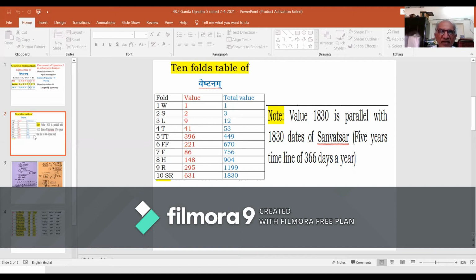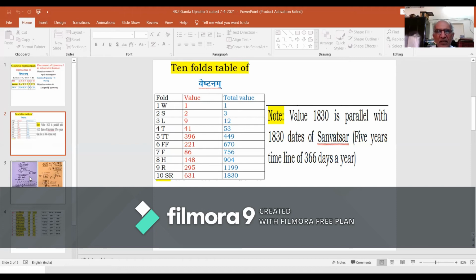This will help us have appreciation as to how the mathematical domain of Upsutra 5 is going to have a reach to the Sanvatsar Yuga timeline.